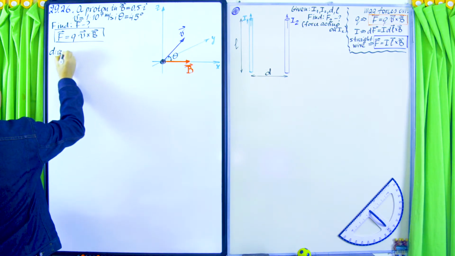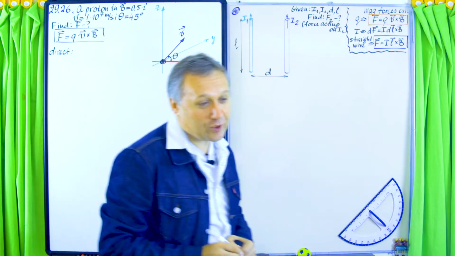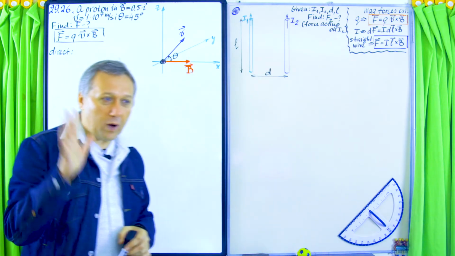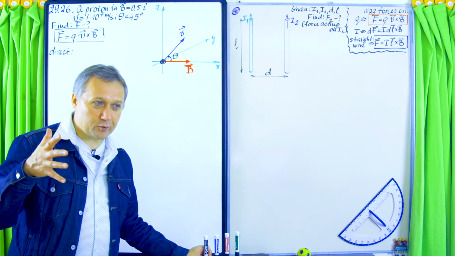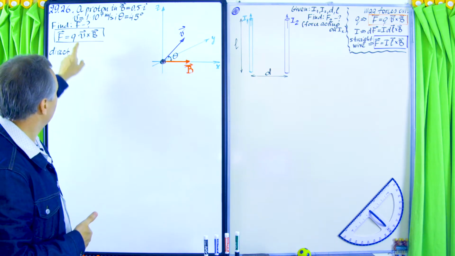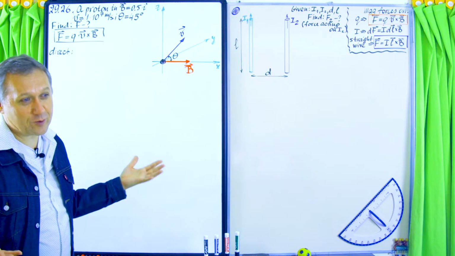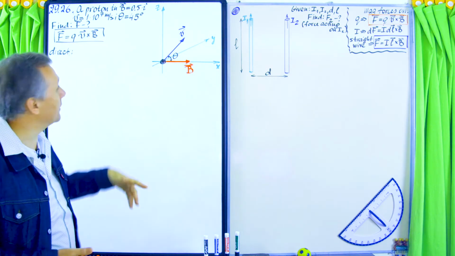But I first want to get rid of the question about direction, and then magnitude. Okay, direction. You remember, 1.5 steps. First, you need to apply right-hand rule number 1 to find the direction of the cross product. And then, since we have a positively charged object, a proton, it's actually just one step. You just need to look at the direction of the cross product. Okay, so let's apply it.